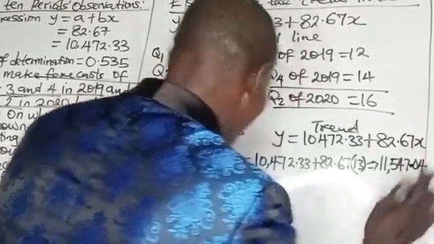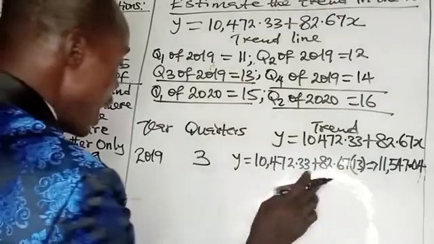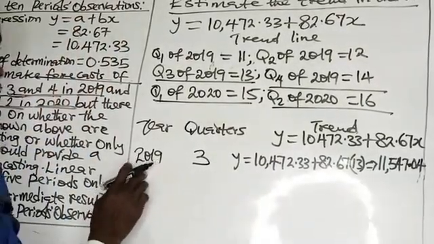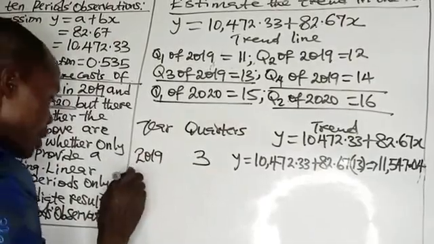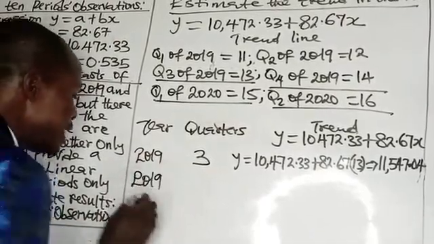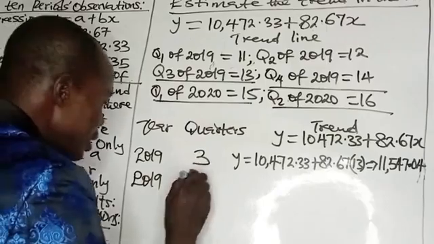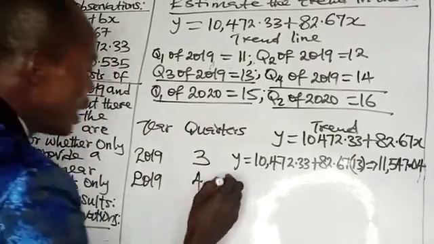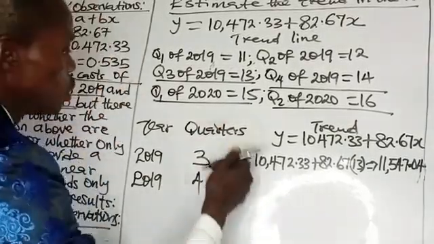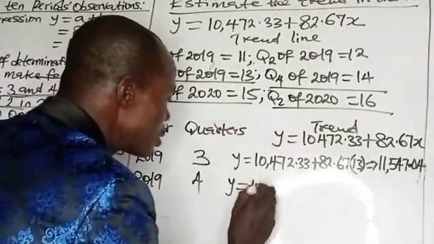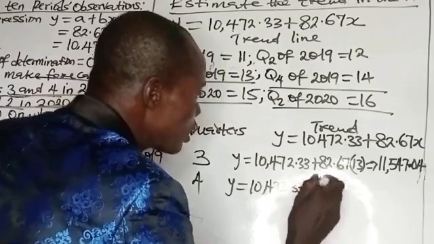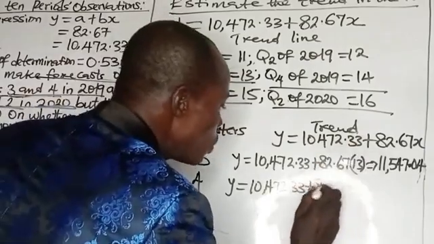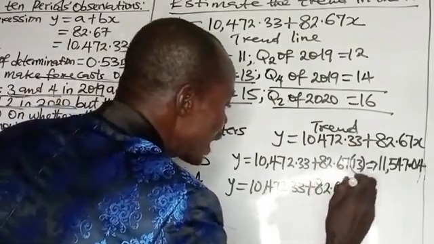547.04. That is the trend for the third quarter of 2019. Then the fourth quarter of 2019, the trend will be y equals 10,472.33 plus 82.67x.